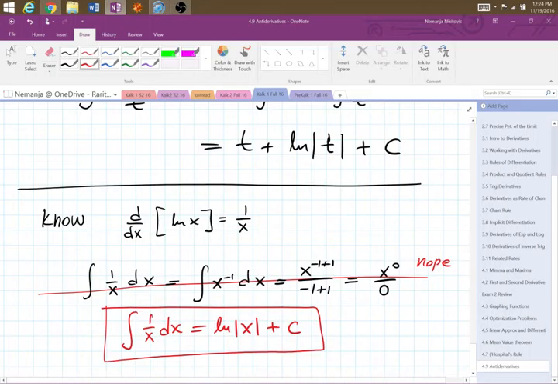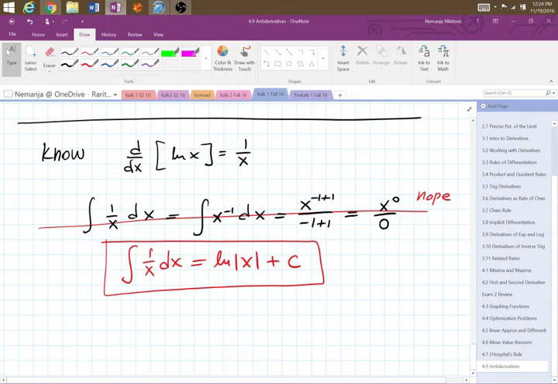I can also explain the reason for the absolute value if you are interested, because if you don't put absolute value, your answer is wrong. That's another part to it. Because of the domain issues. If you take a look at the input function, it has the domain on both sides because it looks like this. ln x has only one side domain.